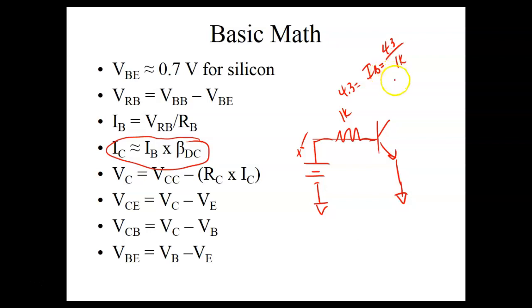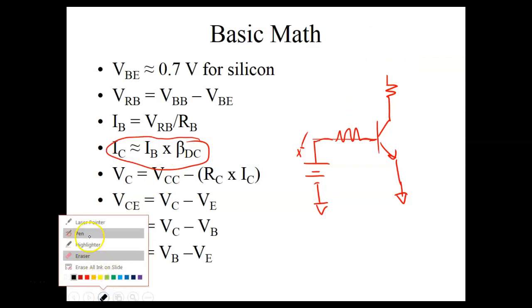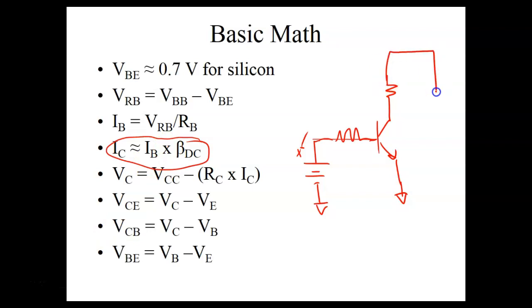Now for the collector side, we know that we have two series elements right here, right? Y'all understand that? So if I come over here on the right-hand side and I put a DC source, and this right here is going to be VCC, this would be VBB. The emitter's common, so it's got 0 volts on it.